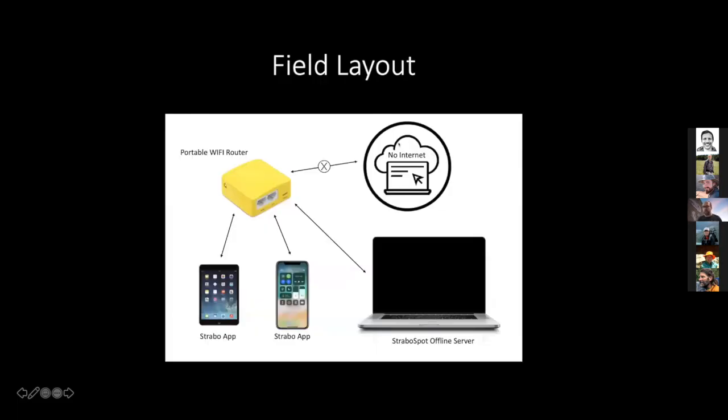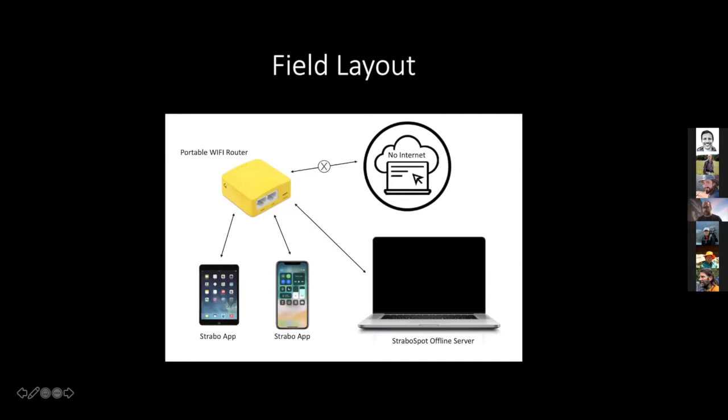And so here's the layout that you would have in the field if you wanted to run the Docker Strabo backend in the field. Essentially, you have a portable Wi-Fi router. I meant to include a link here and I forgot. I can send that out if anybody's interested. Basically, you have a small battery-operated router that can run in the field, but with no internet. It's providing a Wi-Fi access point for all the devices to connect to, including the Strabo offline server you see down here in the lower right.